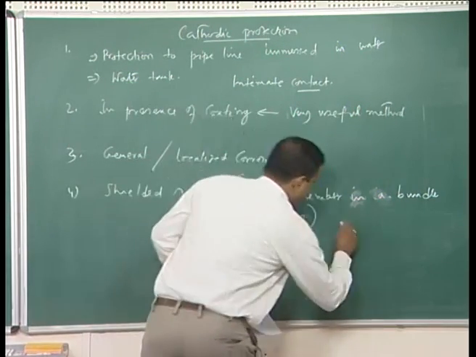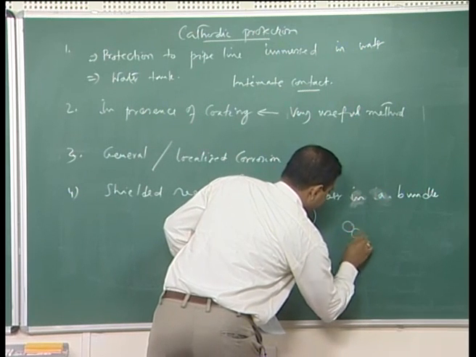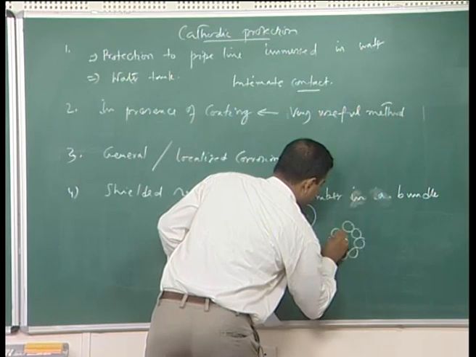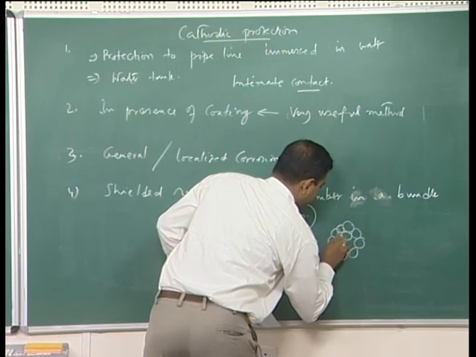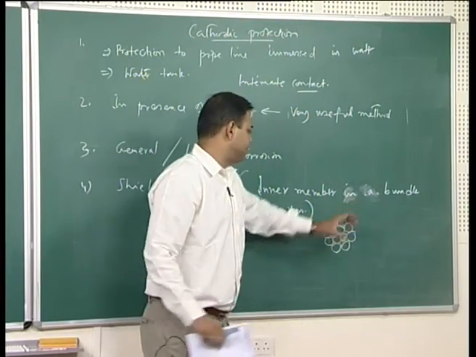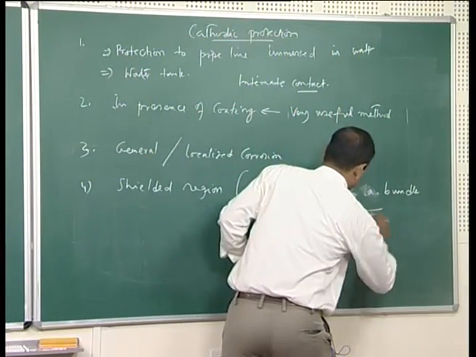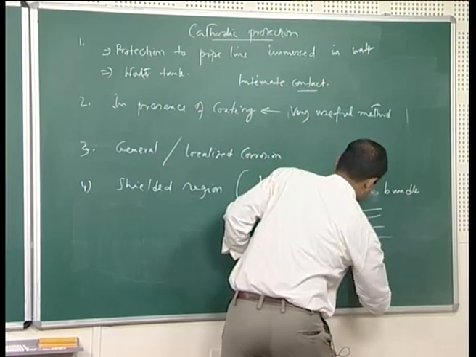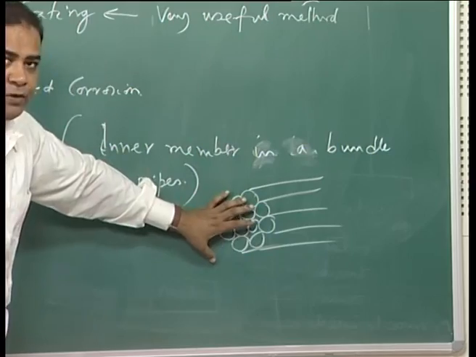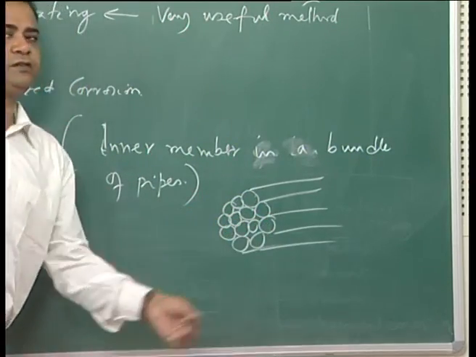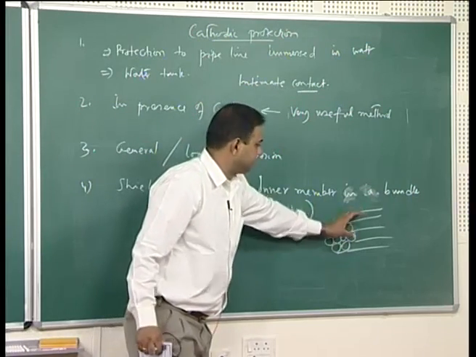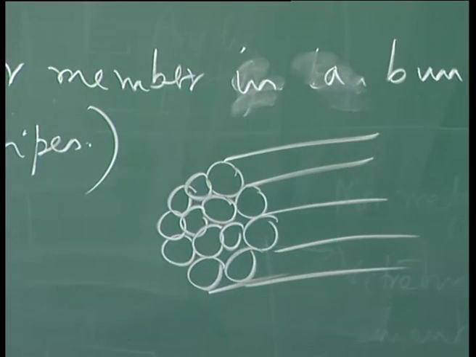So, for example, let us say this is a bundle of pipes. If you have cathodic protection, then this inside part will not have any protection, because this inside part is getting shielded by the outside pipes.